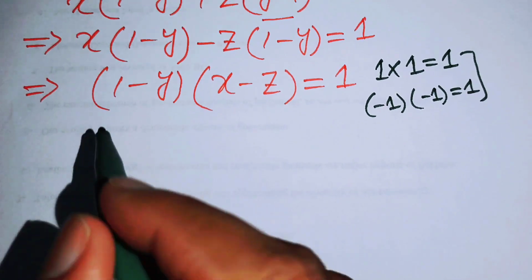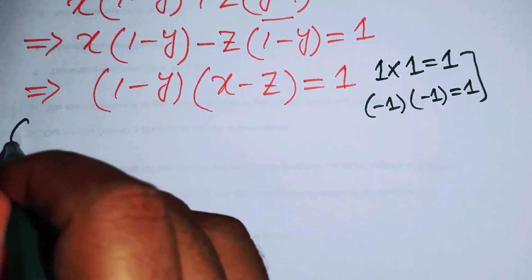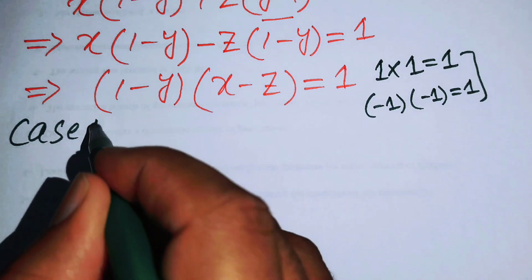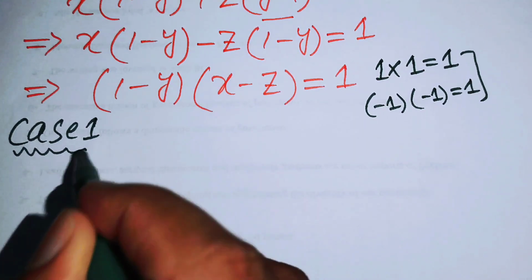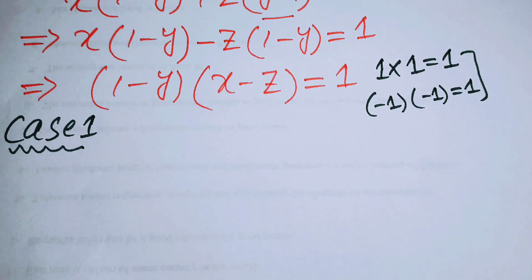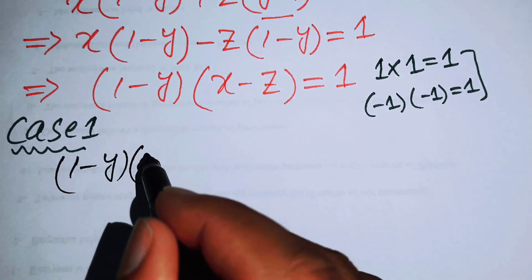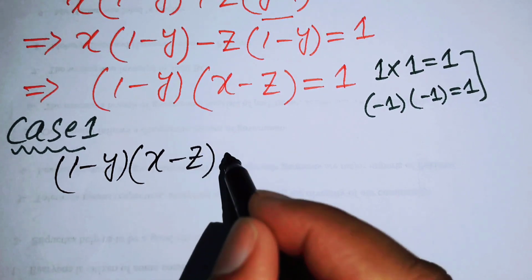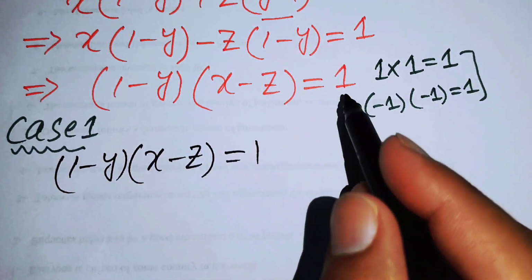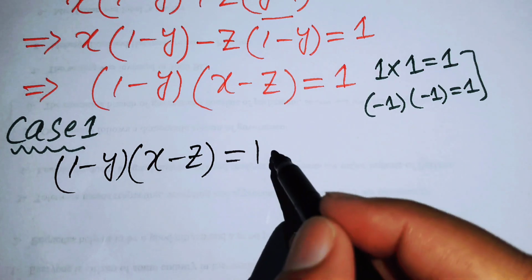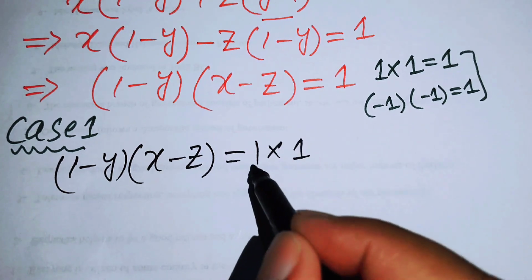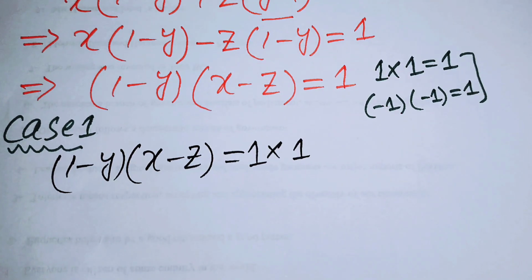So in the first case I can write the left hand side of this equation as (1 minus y) times (x minus z) is equal to, we can replace this 1 by 1 times 1, and now you can compare both of the sides.